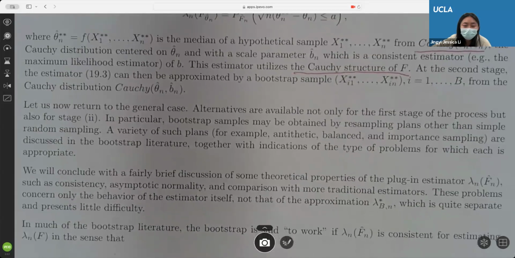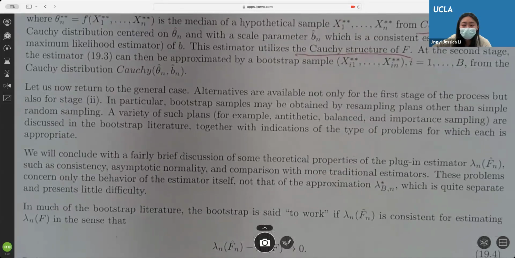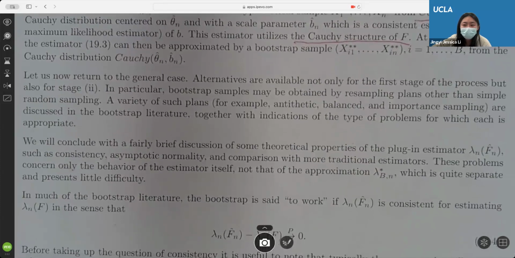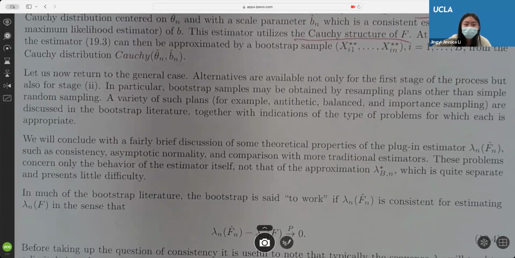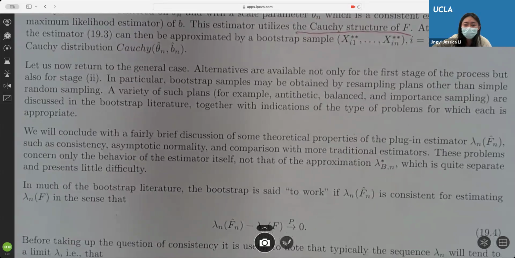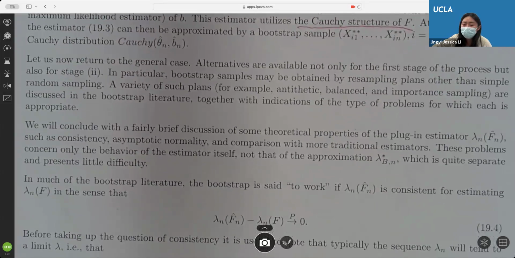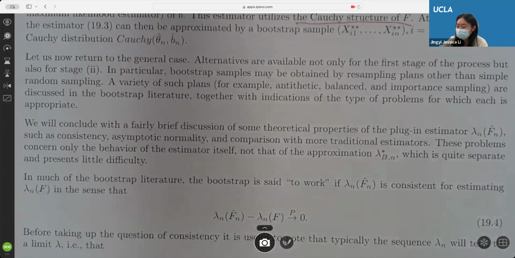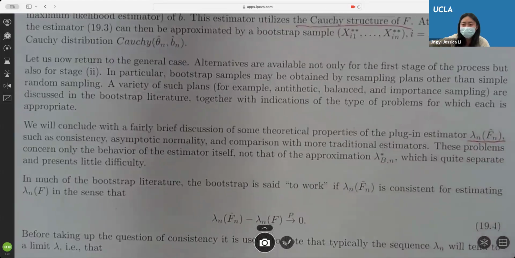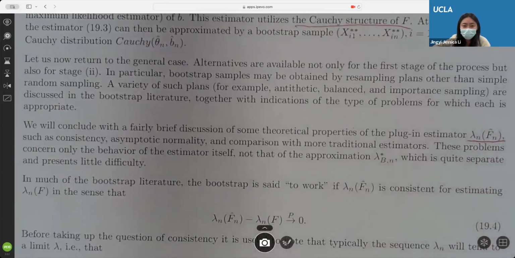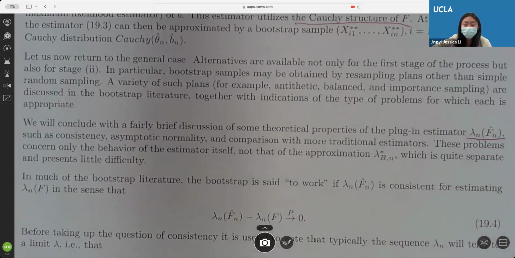Okay, this is the bootstrap literature together with indications of the type of problems for which each is appropriate. We will conclude with a fairly brief discussion of some theoretical properties of the plug-in estimator. So this is the one we intend to have in stage 1, such as consistency, asymptotic normality, and comparison with more traditional estimators.